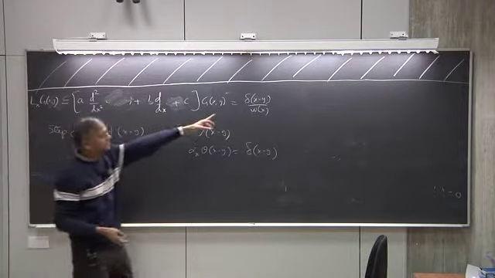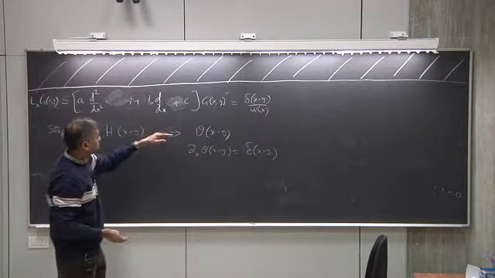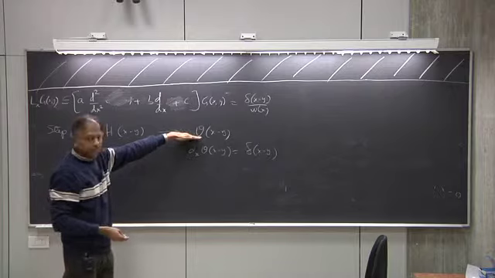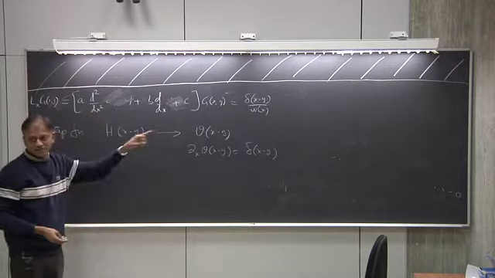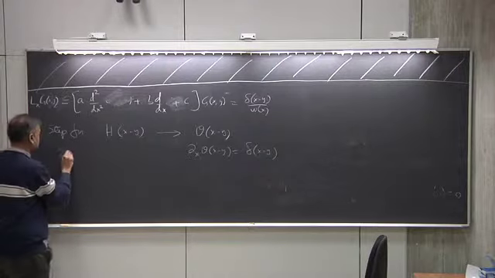But the right hand side does not contain any derivative of a delta function. Therefore, what we should have is not that the Green's function behaves like a theta function, but that the first derivative of the Green's function behaves like a theta function. So what we should have is dG by dx.